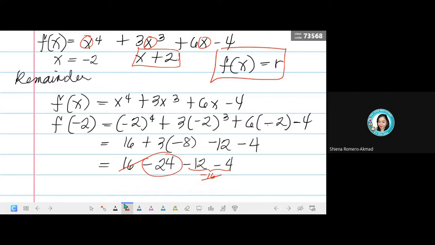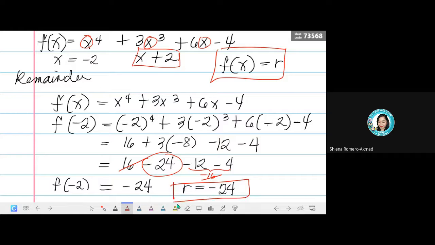So, ang matitira na lang ay negative 24. So, f of negative 2 is equal to negative 24. Ano yung ibig sabihin nun? Ibig sabihin nun, the remainder is negative 24.